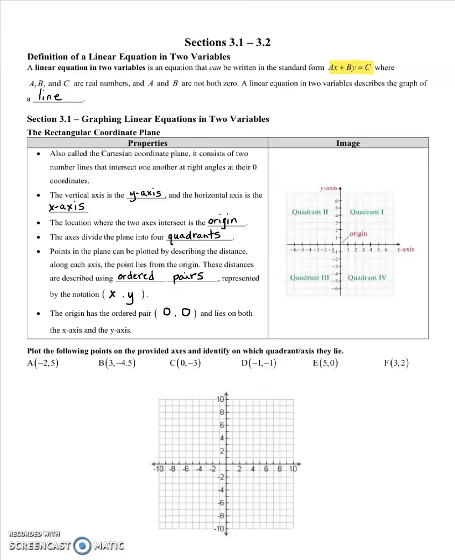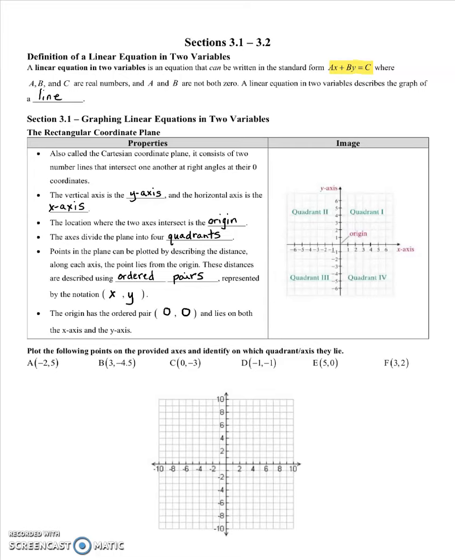So let's practice by plotting the following points and identifying what quadrant or axis they lie on. So point A, let's do this in blue. Point A is (-2, 5).